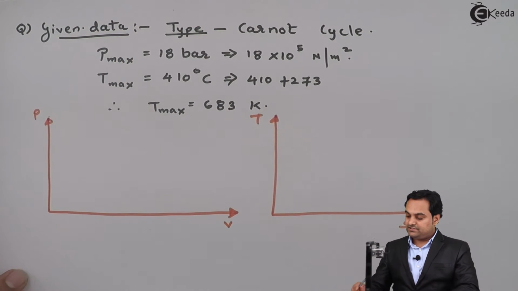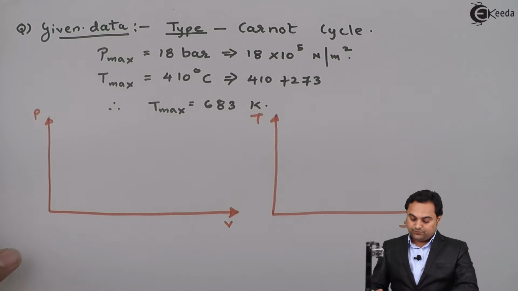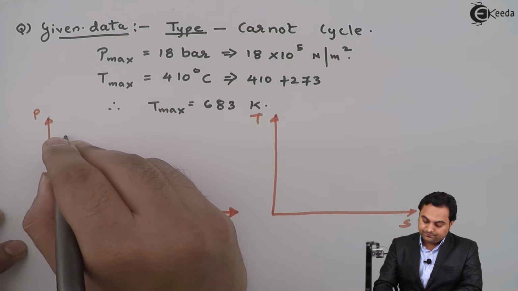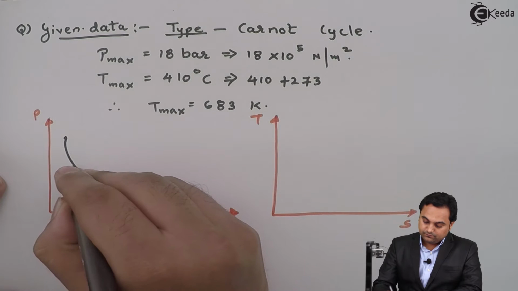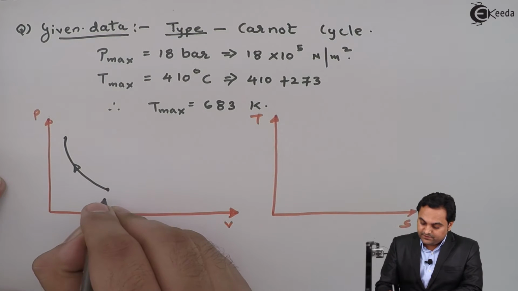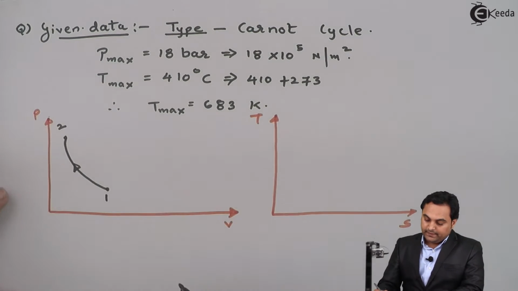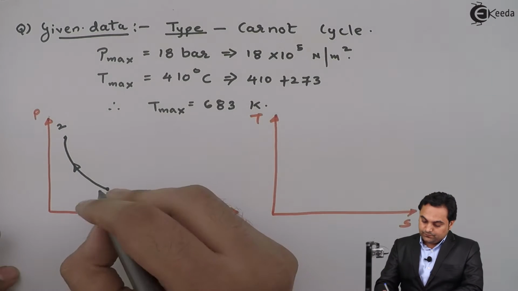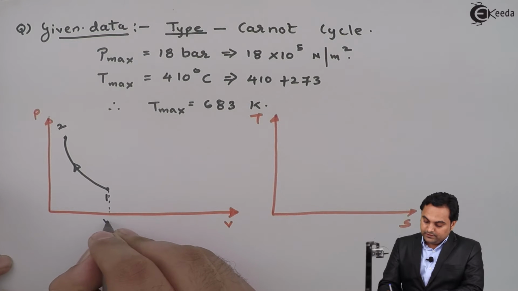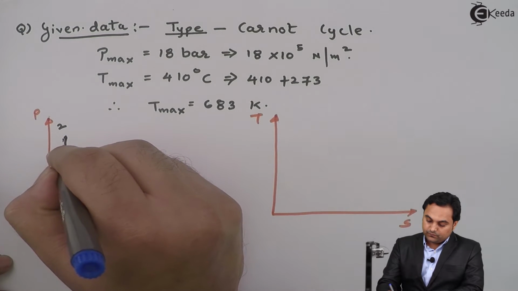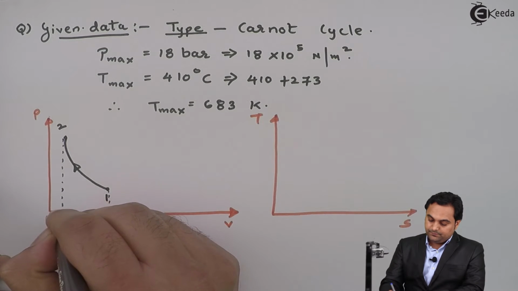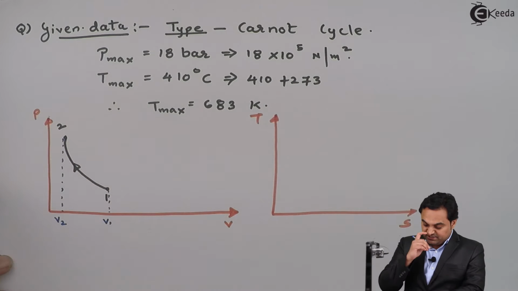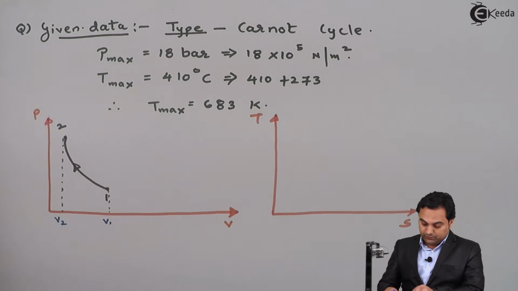Now on the PV and TS diagram, the first process for Carnot cycle is isentropic compression. So compression takes place from 1 to 2, and as we see during the compression process, volume at point 1, volume at point 2, the volume decreases but there is increase in pressure, that is P1 to P2.